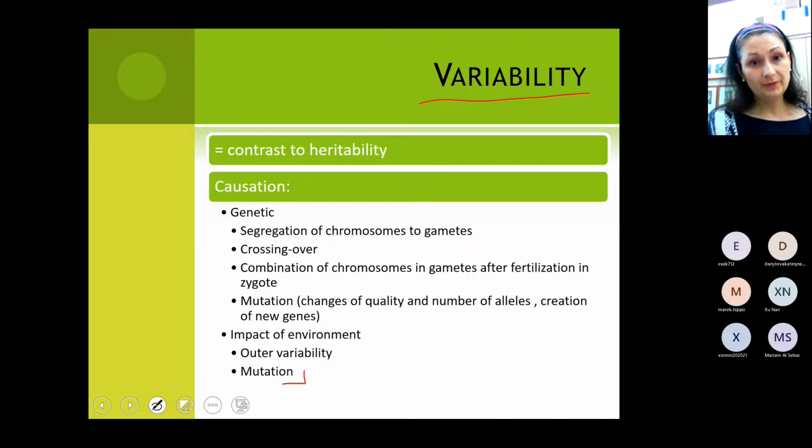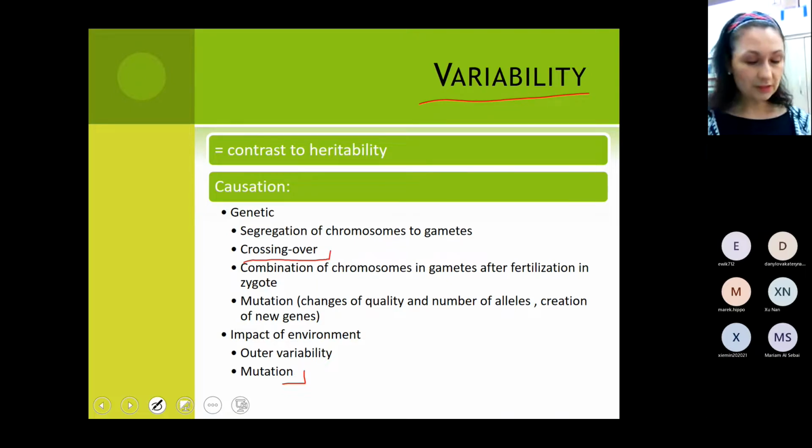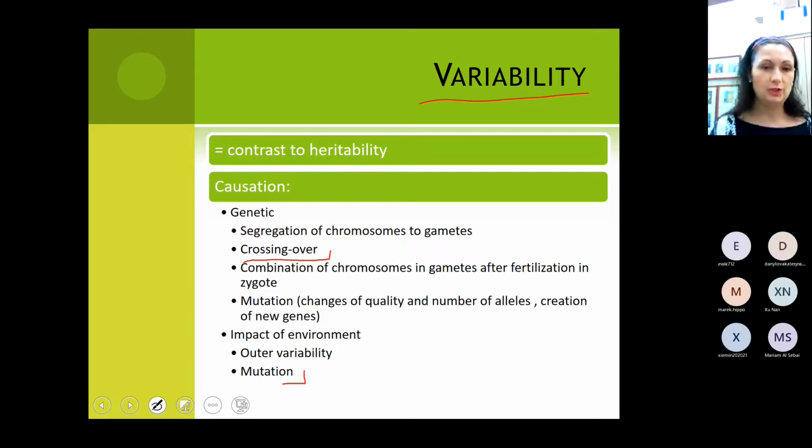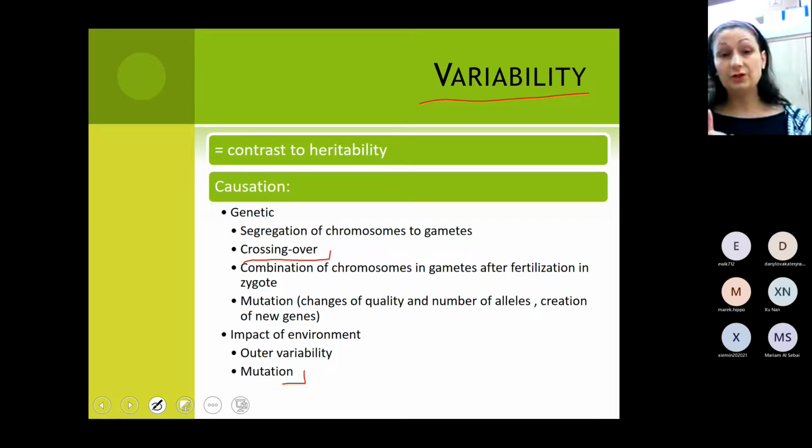Mutations are random, but there is also crossing over. This is something from which nature gets inspiration or creates a new variance, and this is a stochastic process, mutations as well as crossing over. But it's not 100% true that crossing over is a stochastic process.